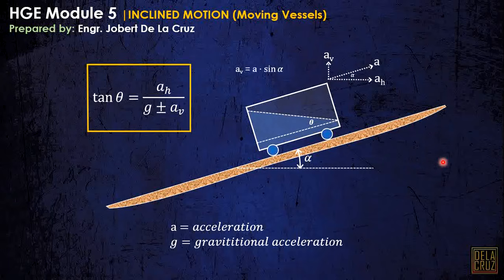Then, we can have the components. So, a sub v is equal to a sine of alpha. And the horizontal acceleration is equal to a cosine of alpha. Okay, so remember the notations. Alpha here is the angle of inclination of the ground.